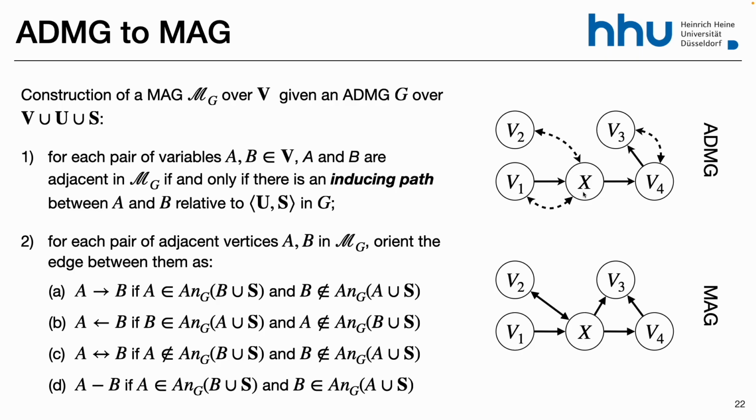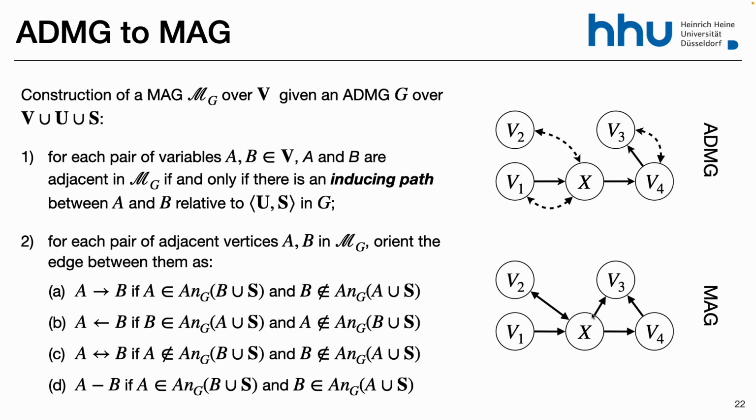What about X and V3? That's the case that was interesting. X is an ancestor of V3 through this directed path. As I said before, an edge in this graph doesn't mean just an edge in the ADMG; it can be a directed path going from X to V3, and that's why it's represented here.